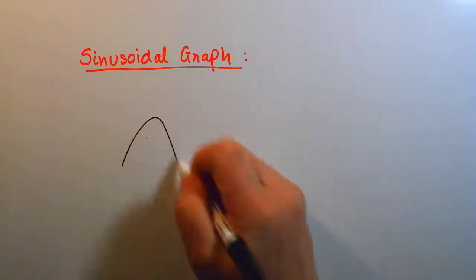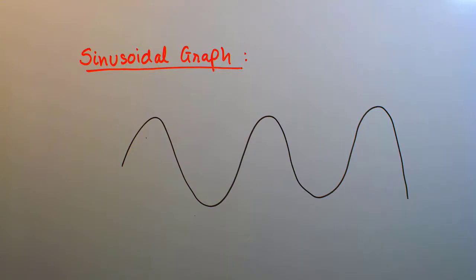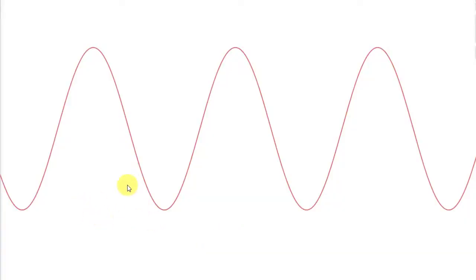A sinusoidal graph is just a graph that appears to be a wave, a simple wave, an up and down wave. As a hand sketch version, it can simply be a wave up and a wave down right here. And of course, being a hand sketch version, it won't be precise. But if you look at my computer screen right here, this is perfectly a sinusoidal graph.